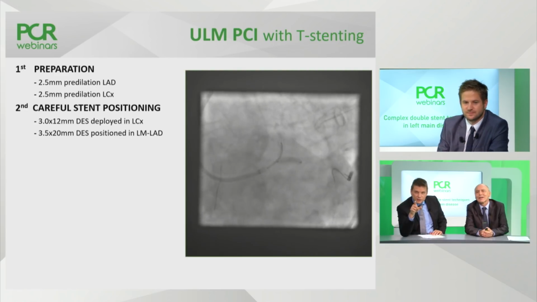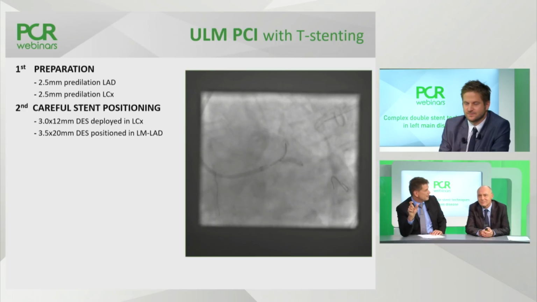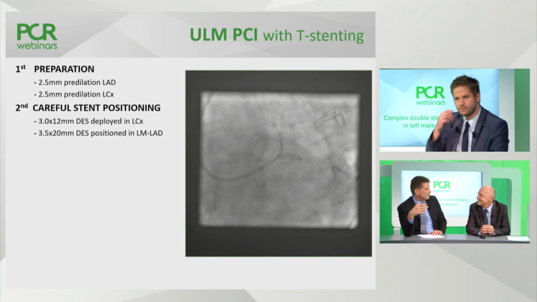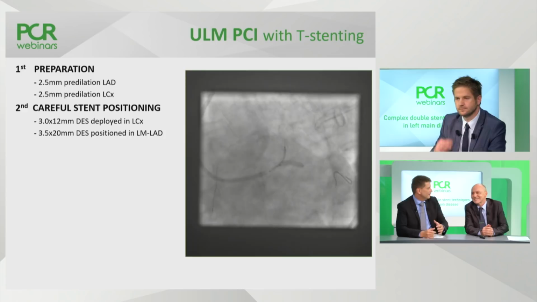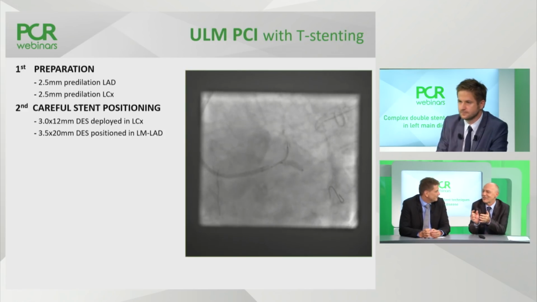Marco, can I ask you something? Because I think this picture shows very nicely how you position your stents. We see you have some protrusion from the circumflex into the left main LAD complex. What is the difference, if we speak of T-stenting or mini crush or even DK crush? I think it's just a matter of how much you protrude the stent into the left main. And this depends upon the angle of the circumflex.